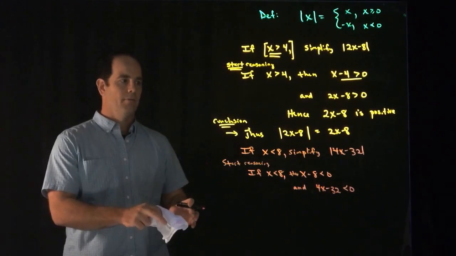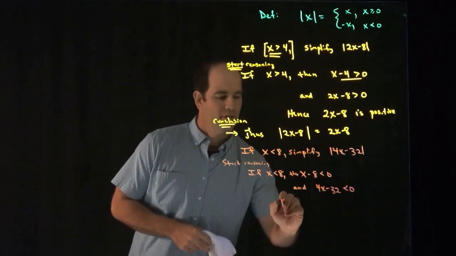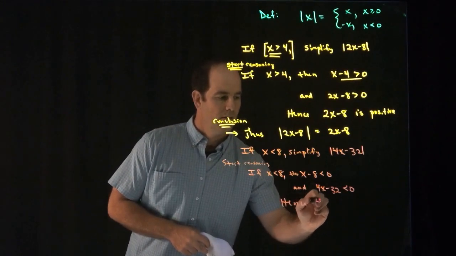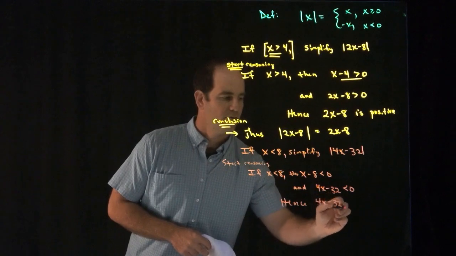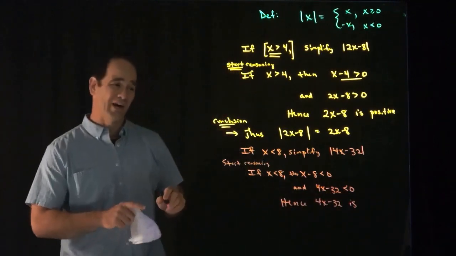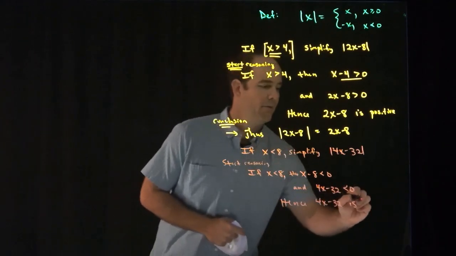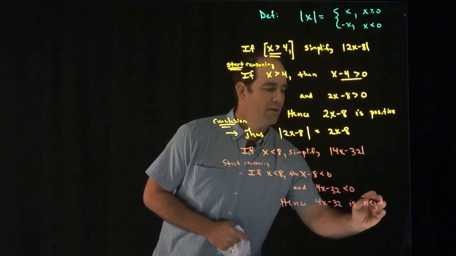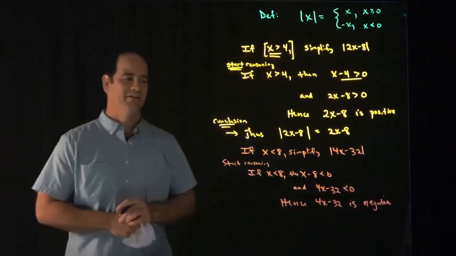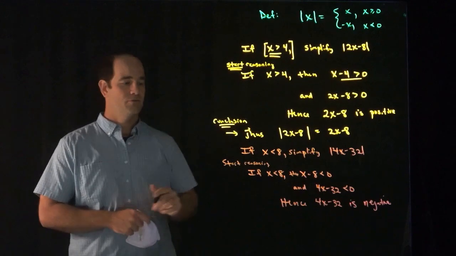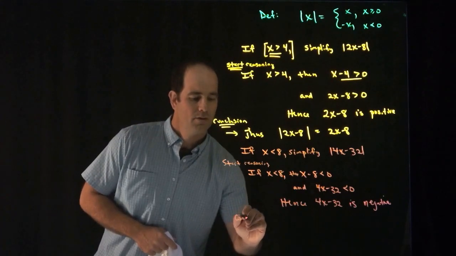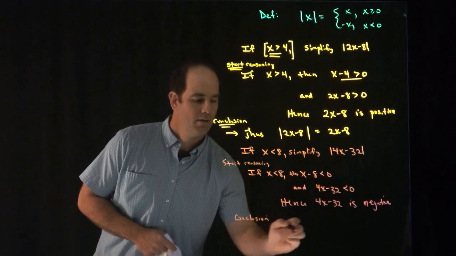Why is that important? We have a comparison to 0. In particular, 4x minus 32 is less than 0. That tells me I've got a negative expression inside of the absolute value. So what conclusion can I make?